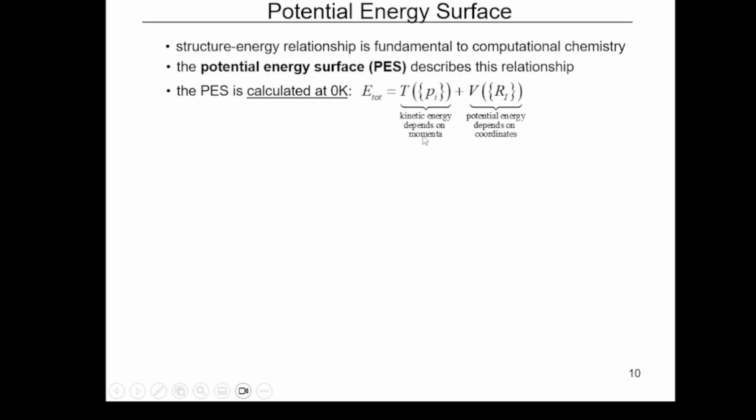Kinetic energy depends on momenta, whereas potential energy depends on coordinates. At 0 Kelvin, the kinetic energy of the system should be 0. So the total energy is equal to potential energy of the system.